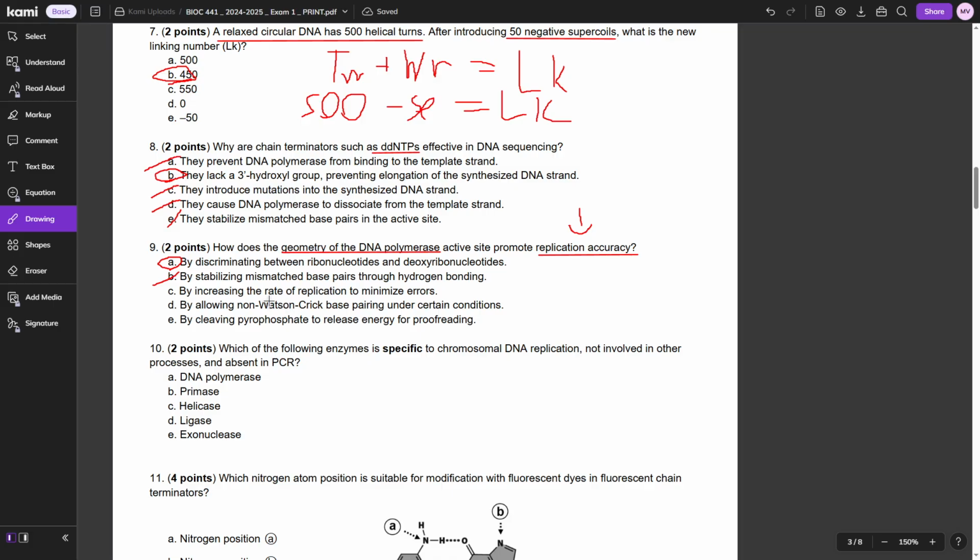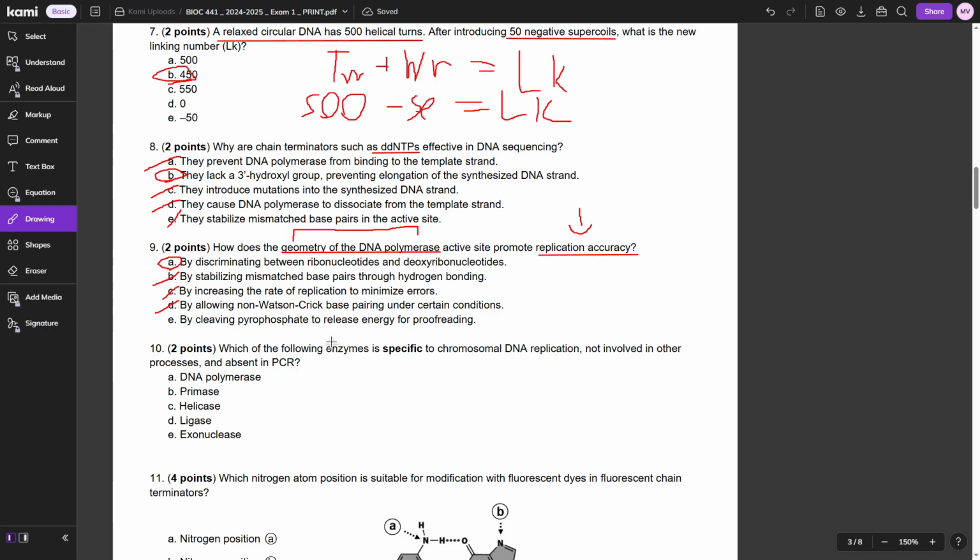By increasing rate of replication to minimize errors. That doesn't really explain how the geometry of DNA polymerase promotes replication accuracy. I want an answer that talks about the geometry. That's not really a good answer compared to A. By allowing non-Watson-Crick base pairs under certain conditions. Again, no. That would suggest a decrease in accuracy. I want a decrease in errors.